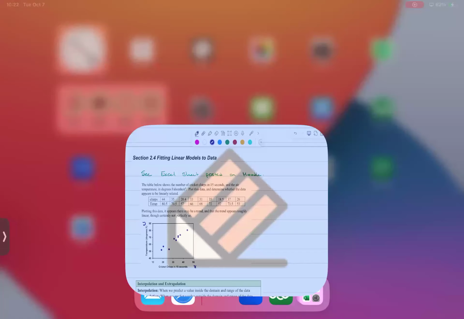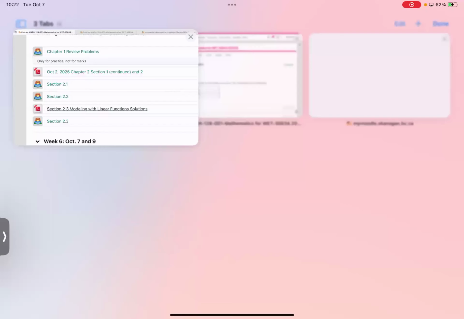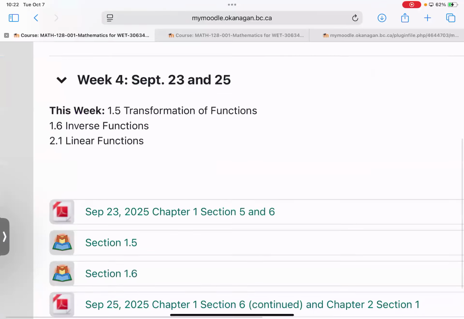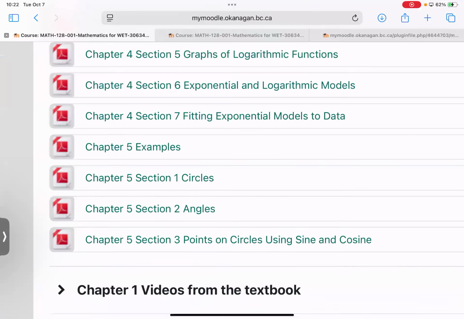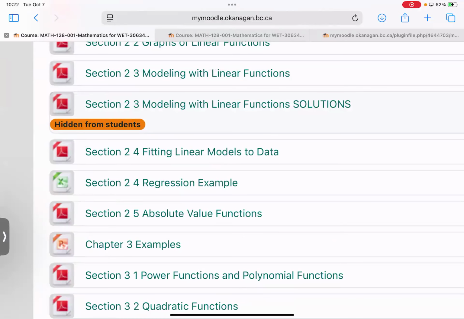I have posted, wow, I keep going back to, good thing I've got it pulled up here. I did post, shouldn't be hidden, the section 2.4 regression example. Okay.